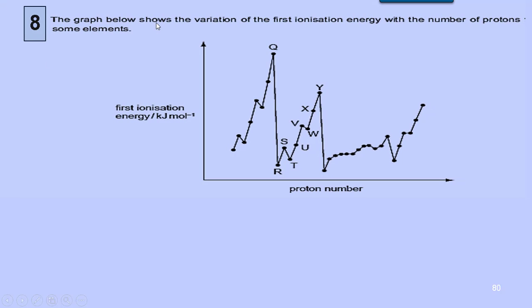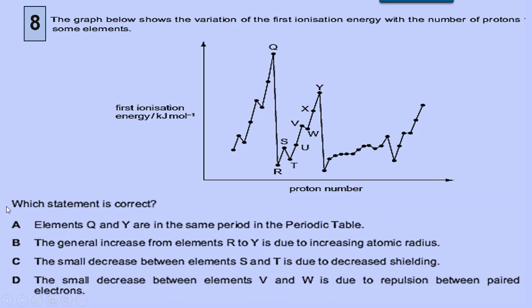The graph below shows the variation of the first ionization energy with the number of protons of some elements. Which statement is correct? Element Q and Y are in the same period in the periodic table. Of course, this statement is not correct because from the graph they are characterized by the same property, which is high ionization energy.